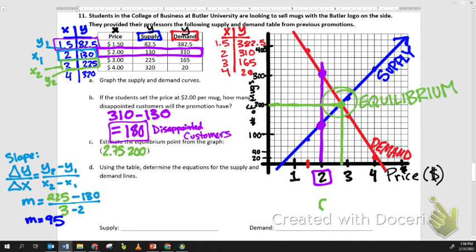So my point that I'm using, 1.5 comma 82.5. I'm going to plug that into y equals mx plus b. So my y would be 82.5. My m, I know that now. I just found my slope. My 95. For x, I'm going to plug in that $1.50 because that's the point I chose.